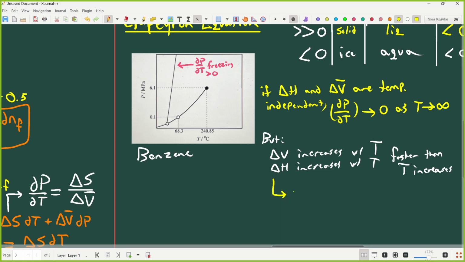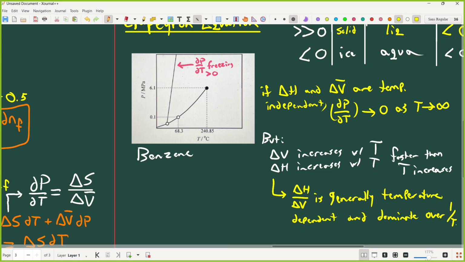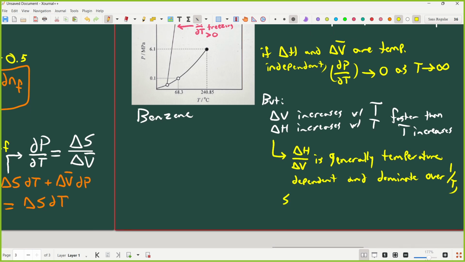So the effects of these are generally temperature dependent, and dominate over 1 over T. So dp dt usually gets larger as T increases.